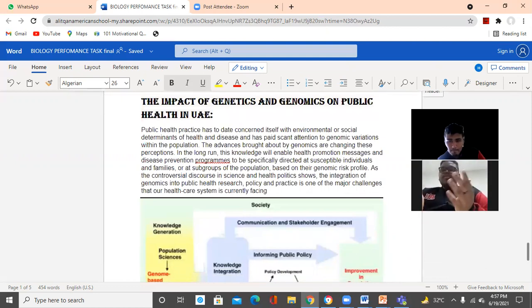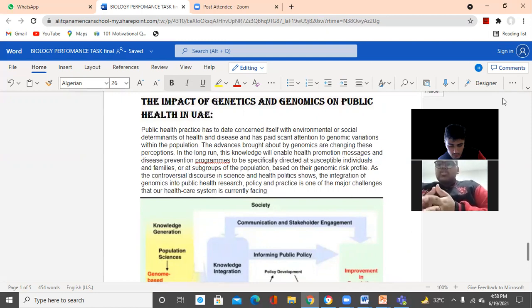So, what are the impacts of genetics and genomics on public health here in the UAE? Public health practice has to date concerned itself with environmental or social determinants of health and disease and has paid scant attention to genomic variations within the population. The advances brought about by genomics are changing these perceptions.